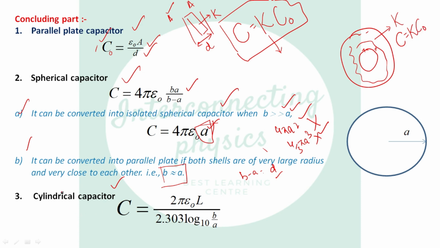And the cylindrical capacitor capacitance was 2 pi epsilon naught L divided by 2.303 log B over A. So capacitance only depends upon the length of the cylinder and the inner radius and outer radius of the two cylinders.